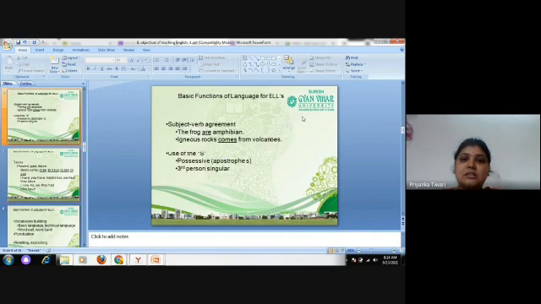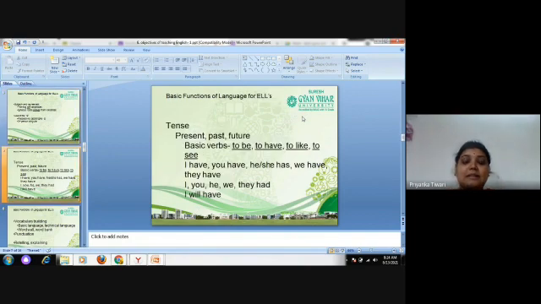The basic foundation of language: subject-verb agreement, which is very important, possessives, third person singular, and tense: present, past, future. Basic verbs: to be, to have, to like, to see. I have, you have, he has, she has, we have, they have, I, you, we, they had, I will have.